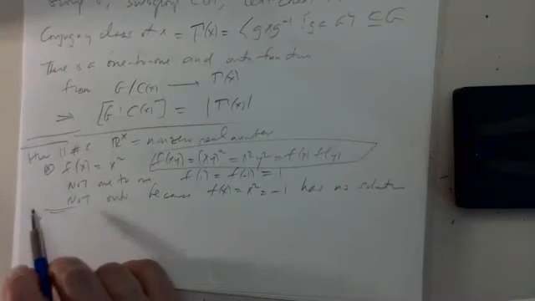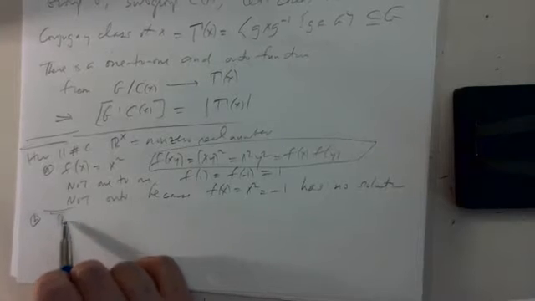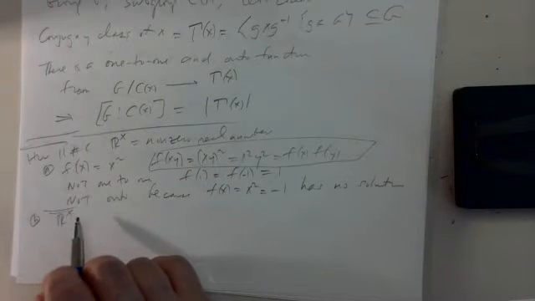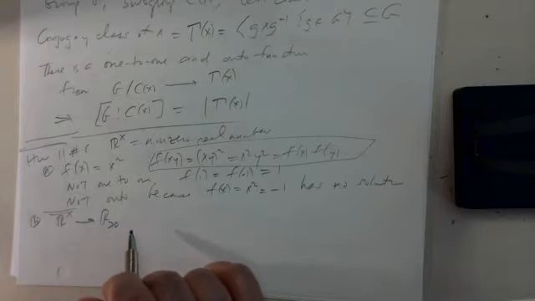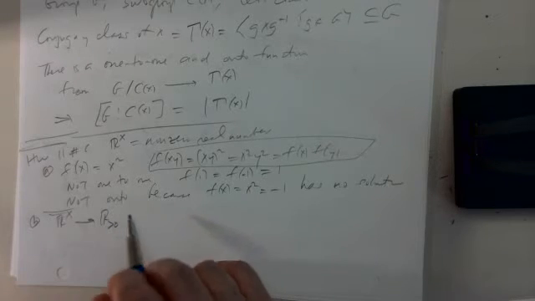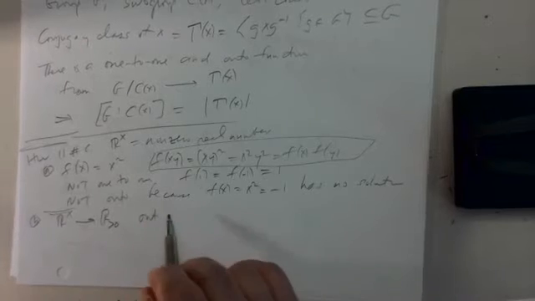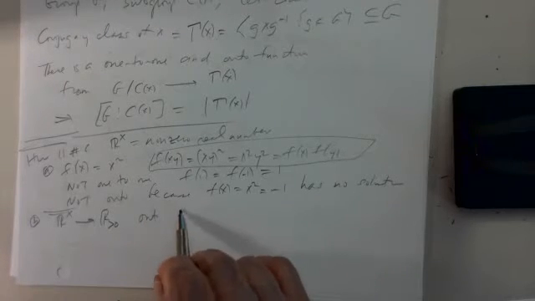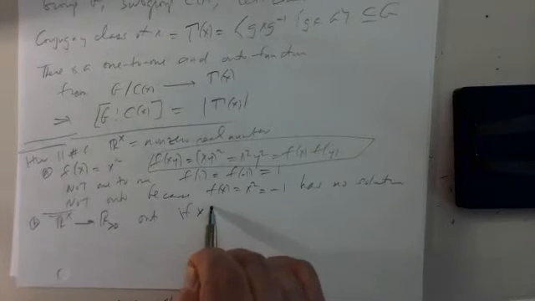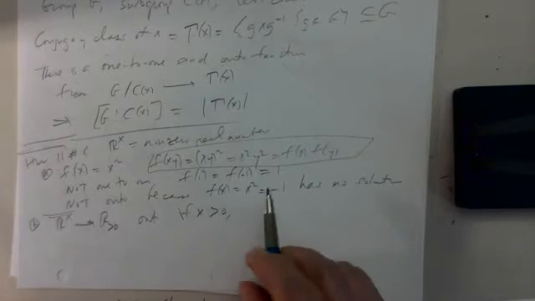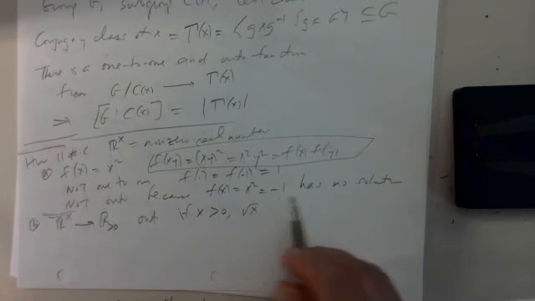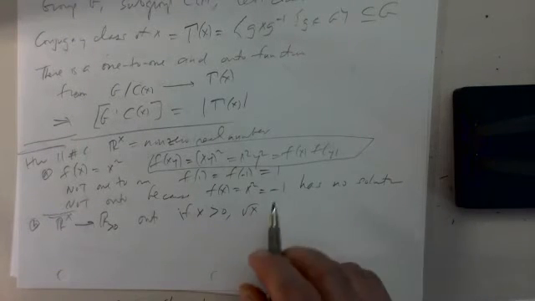Now in part B, we're going from the non-zero reals to the positive reals. And this function is onto because if x is greater than 0, the square root of x exists.